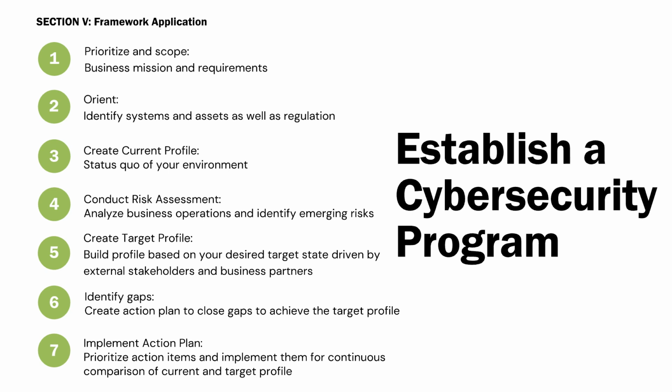In the 6th step, we deal with gap determination, analysis, and prioritization. The organization compares the current profile and the target profile to determine gaps. Next, it creates a prioritized action plan to address these gaps, reflecting the mission drivers, costs, benefits, and risks to achieve the outcomes defined in the target profile.